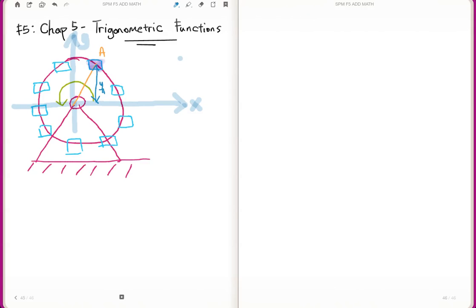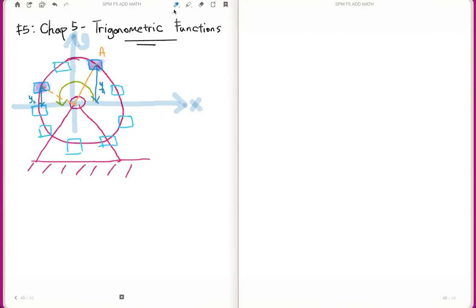When this A travels counterclockwise and reaches here, sometime later, the concept of height changes. Its height reduces. They have the same radius, but its height reduces over time. The same A, but now the height is defined from here to here. This is now my y2, lower, and it's still above the positive.